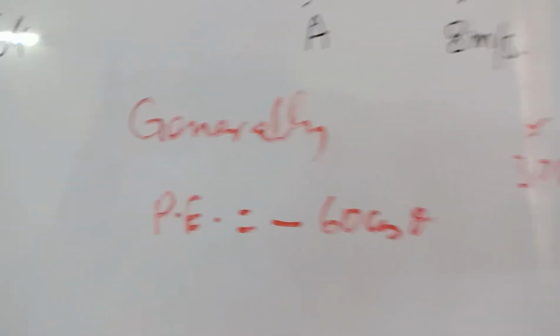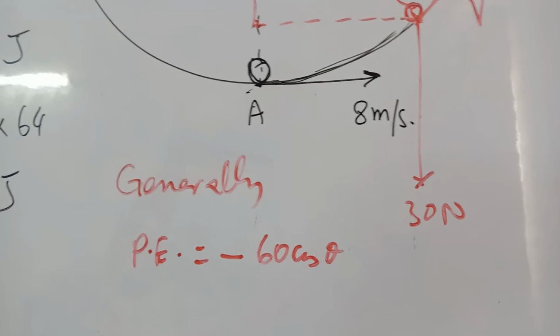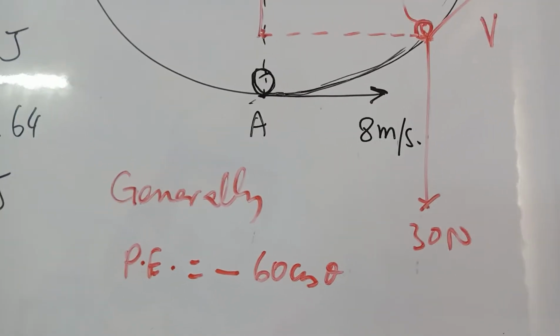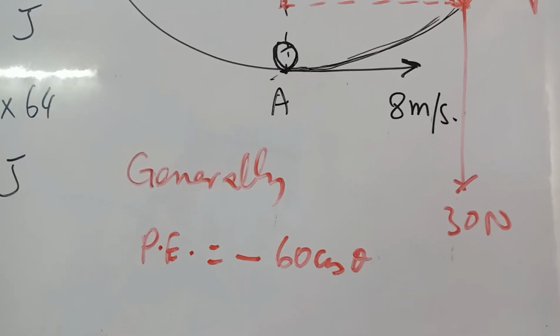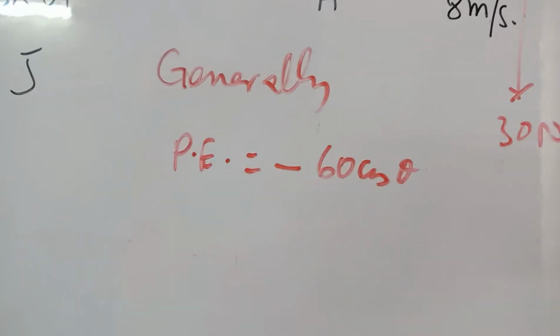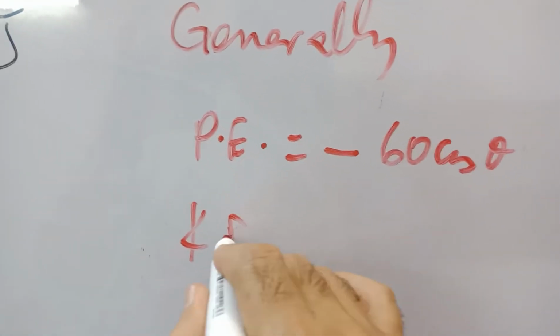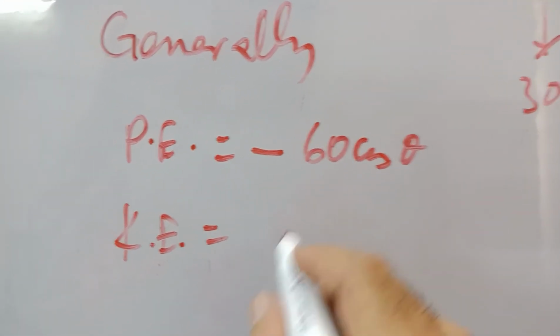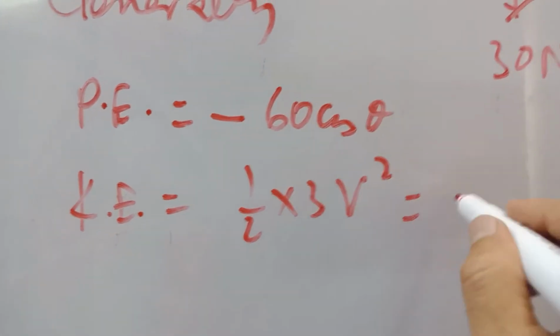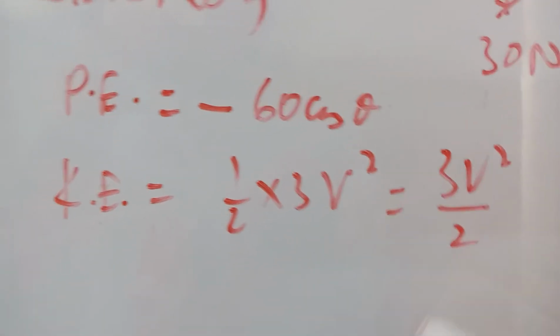Why minus 60? Because mg is 3 into 10, and then into 2 cos theta, so we get minus 60 cos theta. And the kinetic energy in general is half into 3 into v square, which is 3v square over 2.